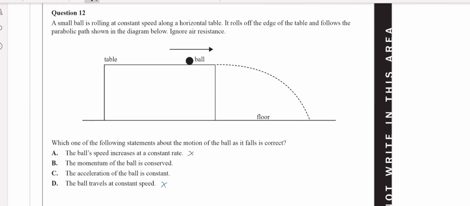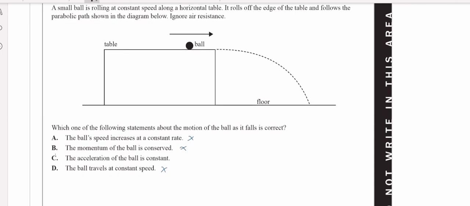The momentum of the ball is conserved. There's again acceleration, and so we know that it's just g acting on the ball.